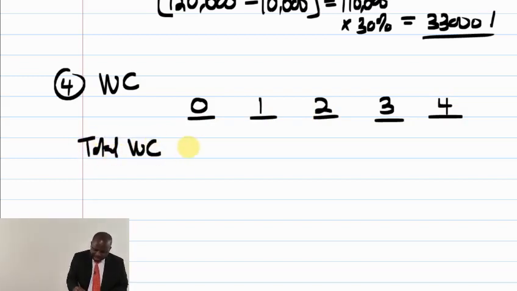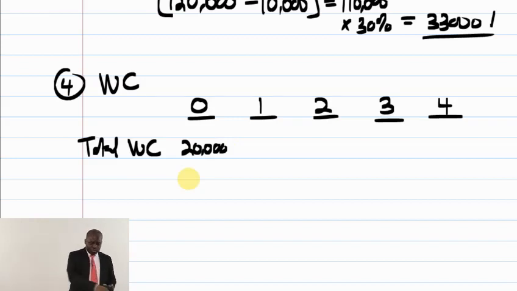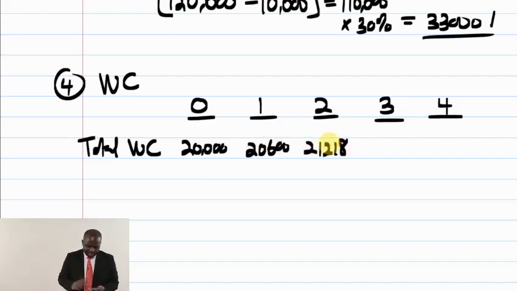Initially, they're telling us that the working capital we have to put in is 20,000. That working capital is subject to inflation of 3%. So 20,000 times 1.03 gives 20,600, times 1.03 is 21,218. Press your equal sign, 21,854.